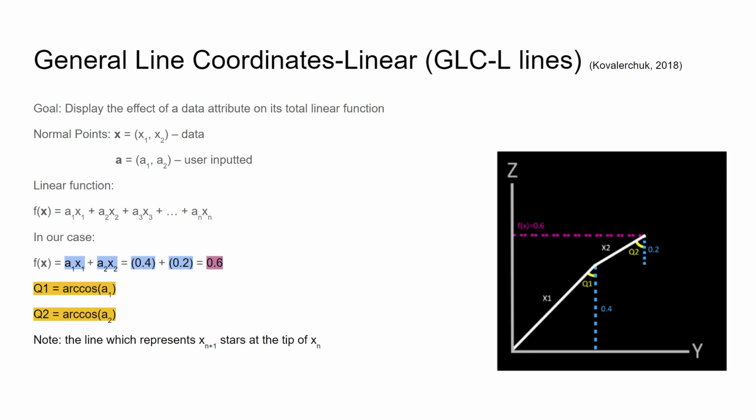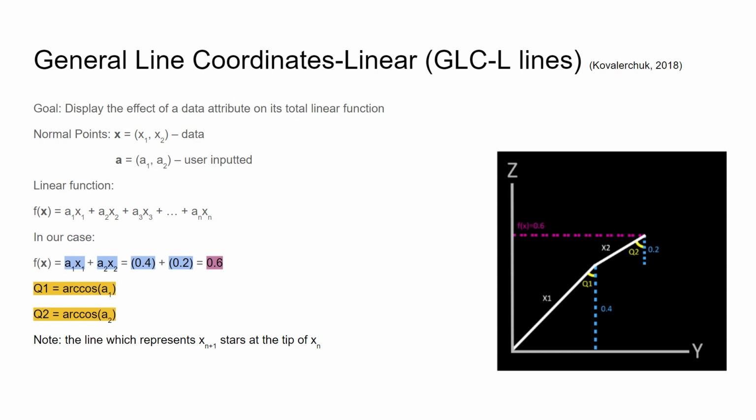This means that the user inputs it one time and it affects the rest of the data inside of a linear function. That linear function is basically all the attributes of x multiplied by their corresponding attributes of a, added together. We form a linear function in that format, as you can see.